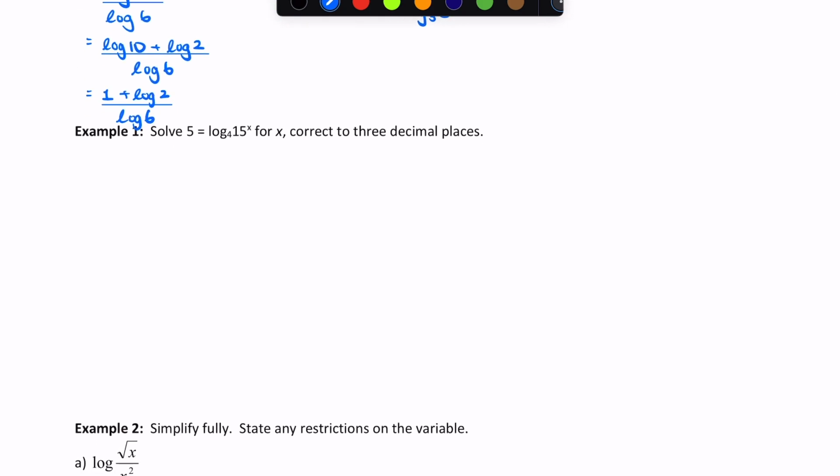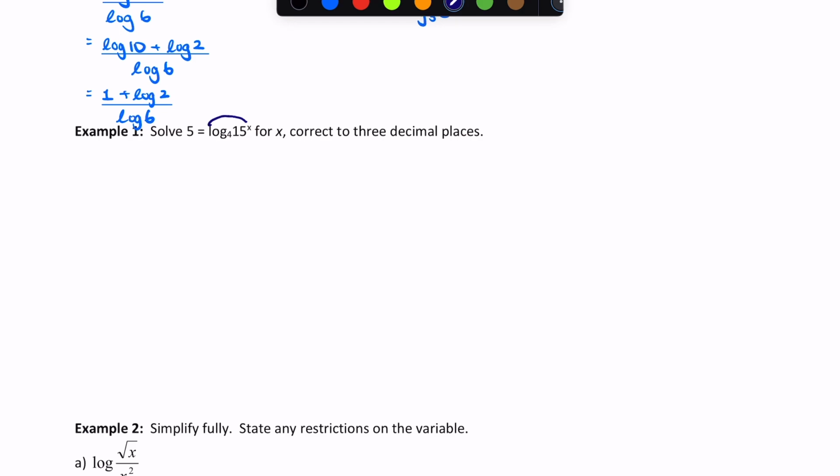Okay, so let's look at a couple of examples here. The first example says solve 5 is equal to log base 4 of 15 to the power of x for x, correct to 3 decimal places. So the first thing we can do is use the power law, and we can bring down the x to the front.